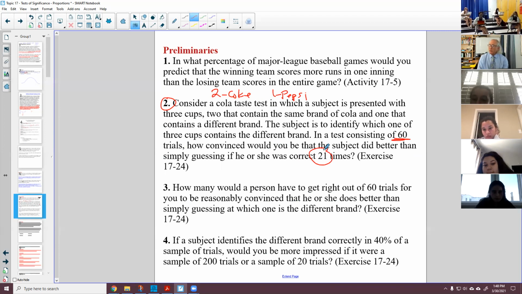Are you convinced that they were really just guessing or that they really knew their stuff? 21 times out of 60. So let's think about this for a second. They're guessing, or they know the difference.